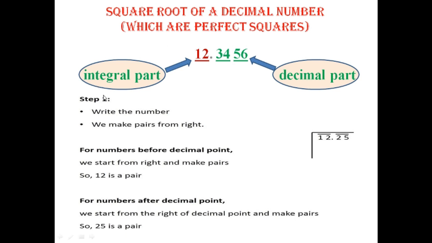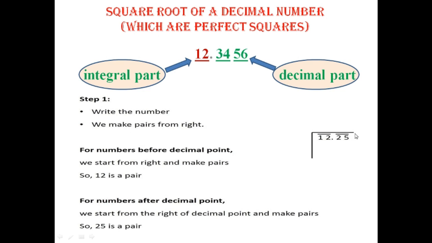As you know, there are some steps to find the square root of any given number. In our last method, first of all we wrote the number and started making pairs from the very right, meaning from the unit place digit, and moved to the left.